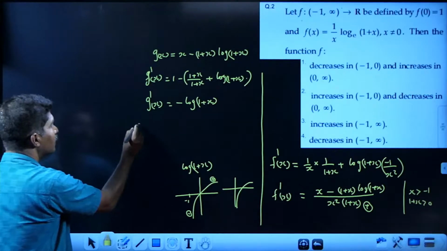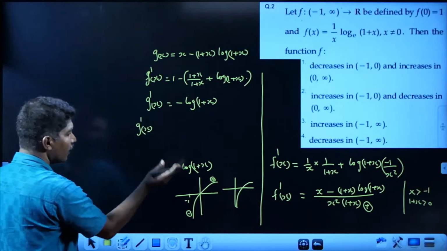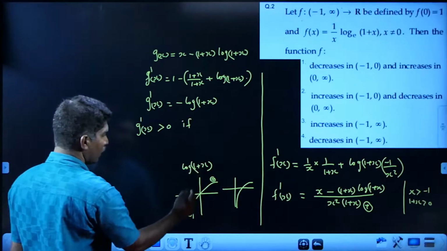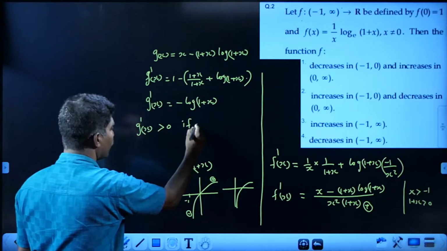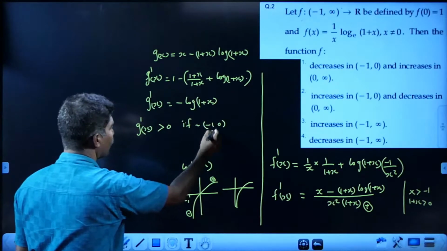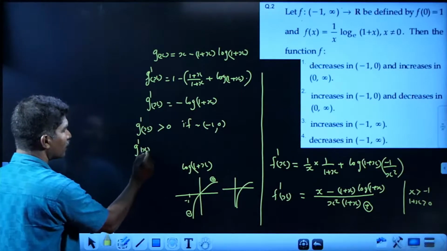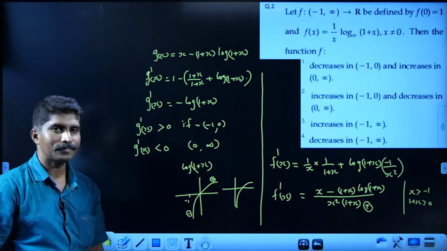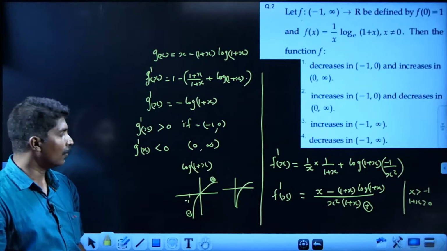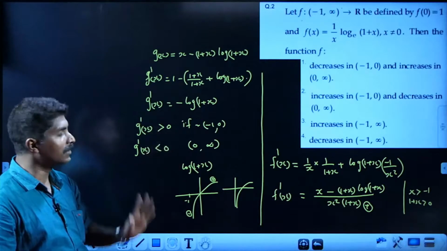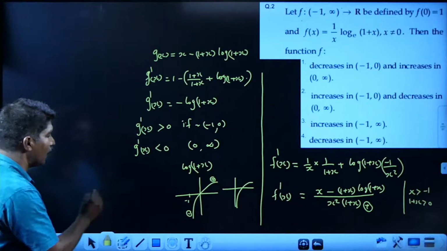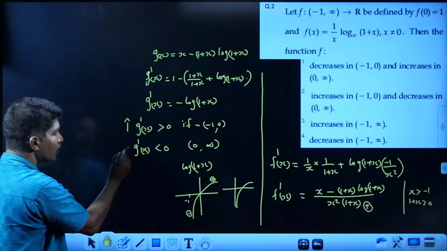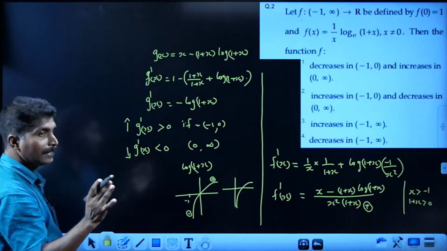So, what I can say is g dash of x, here negative, that comes positive, greater than 0 in negative 1 to 0, and g dash of x less than 0 in 0 to infinity. Is it clear now? Here it is negative, as negative comes, it becomes positive. So, again we can see that g dash of x, here it is increasing, and here it is decreasing. Sorry, not g dash, g of x.